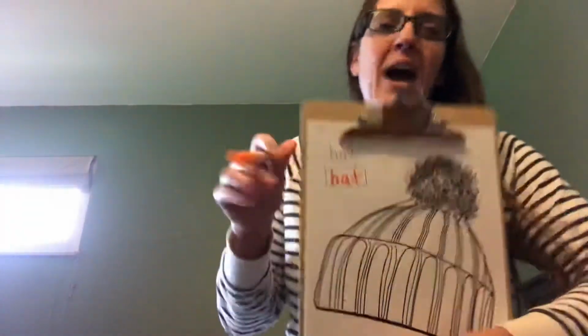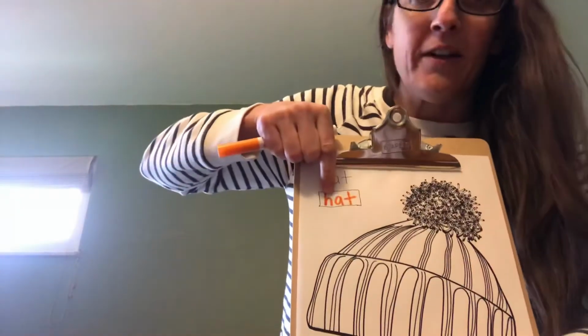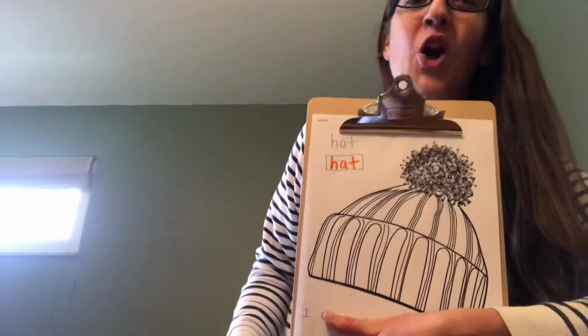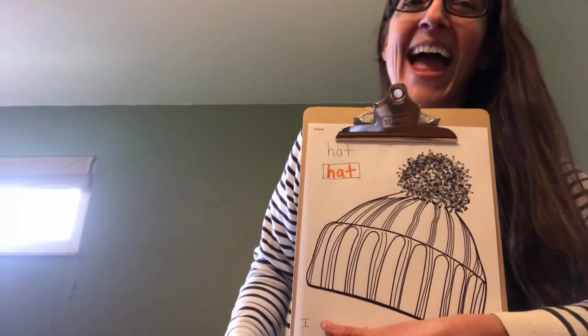I'm working on making my letters the correct size. H, A, T. I'm looking at how H is a tall letter, A is a small letter, and T is another tall letter at the end of hat.